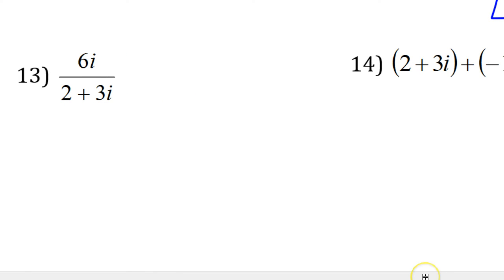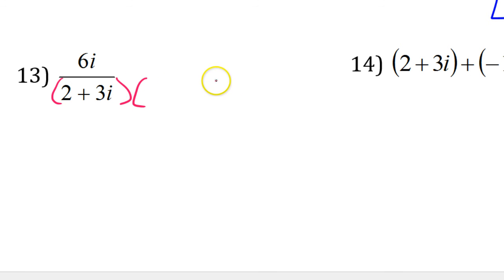Number 13. For some reason, students have a really hard time with this problem. I've explained it over and over and over again to the same kids. And when it comes time for the test or the retest or the practice test, they still get it wrong. I'm not sure why it's so hard. But here's what you do. We're not allowed to have i's in the denominator.